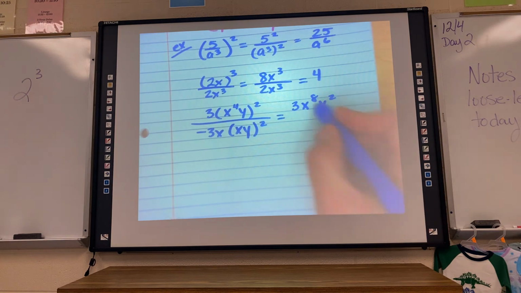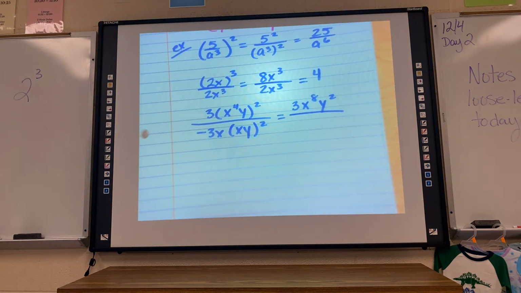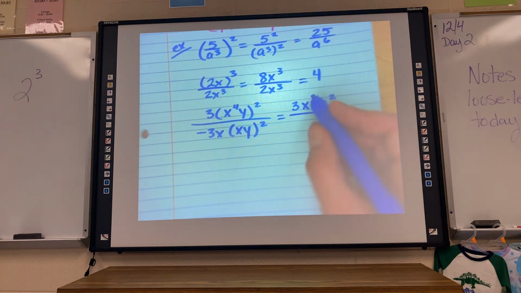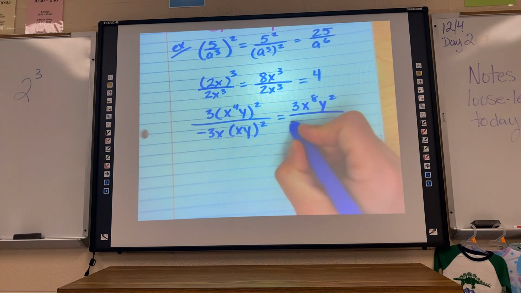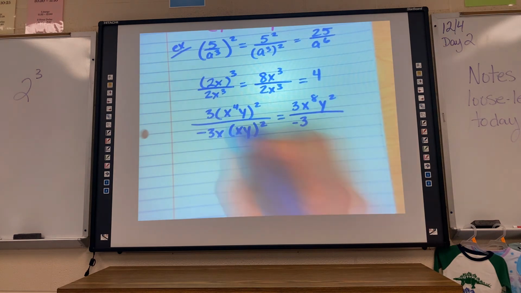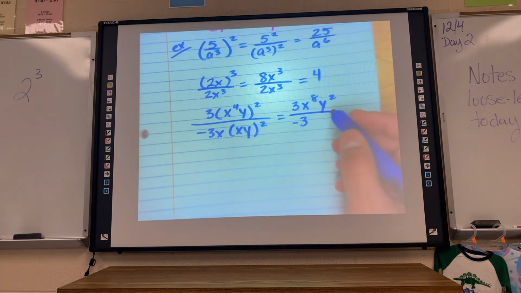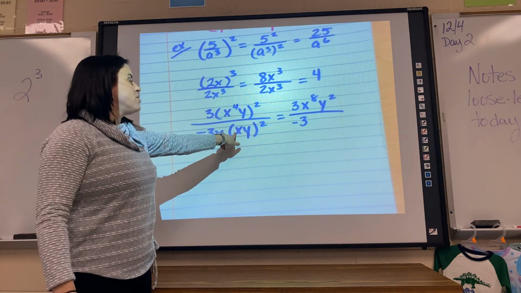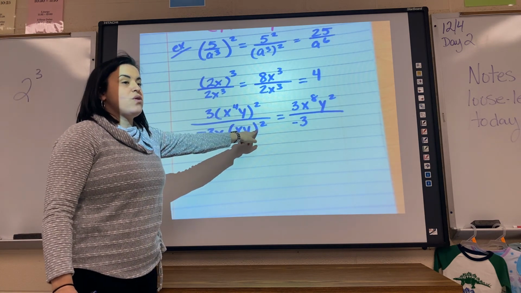And what do we get on the bottom here? Joe? Negative 3x to the 4th y squared. Let's see. Because negative 3x times x, wouldn't it be negative 3x squared? Ah, careful. You're multiplying these two together first and then squaring it. We don't want to do that.